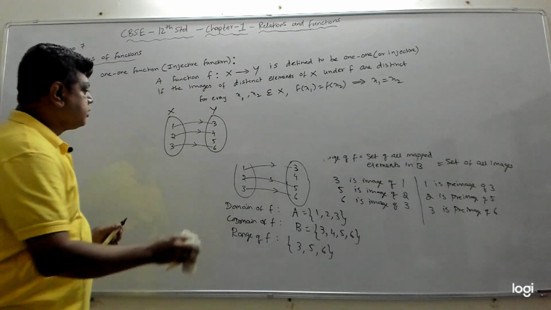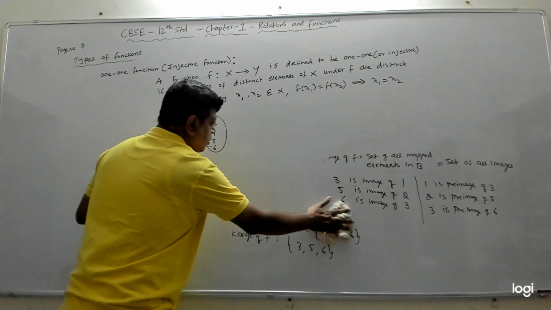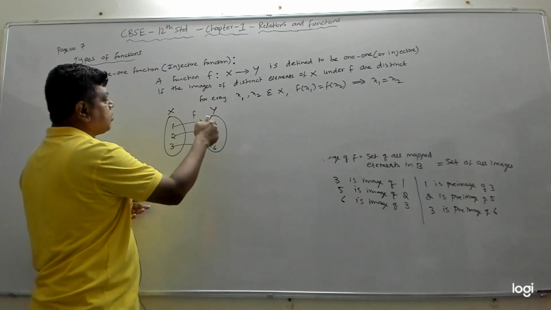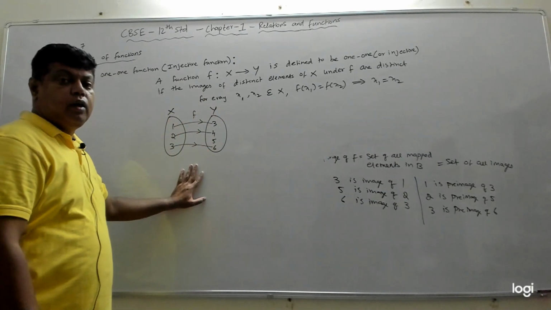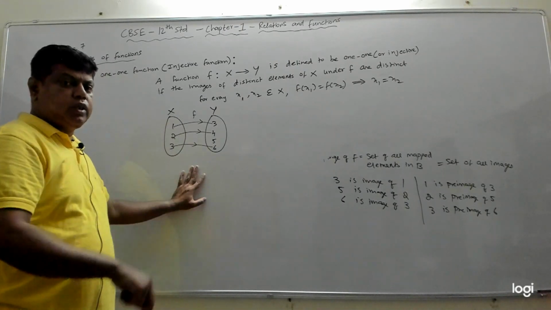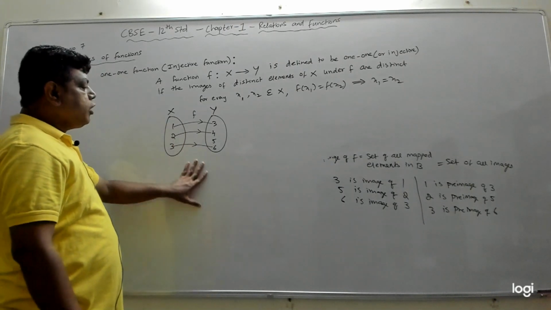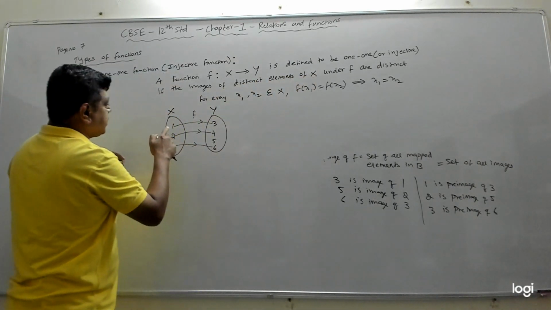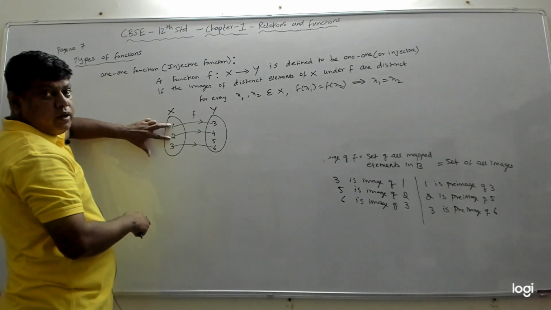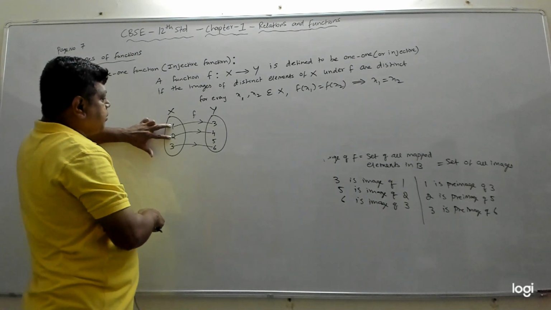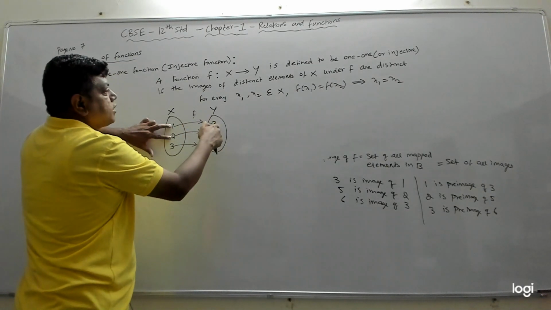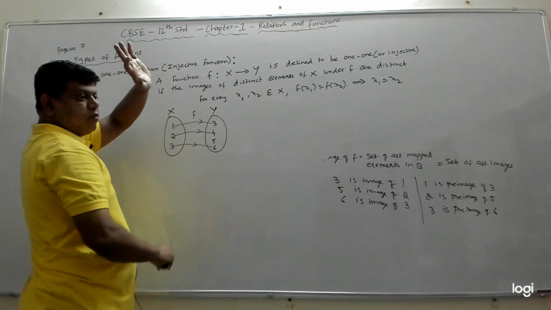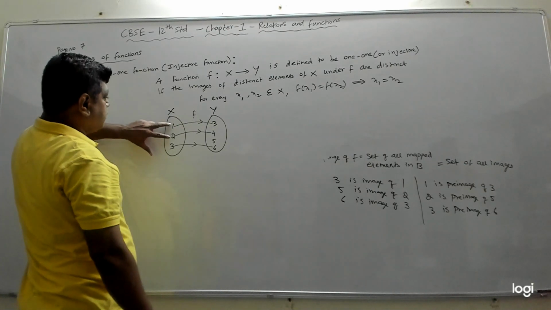Then this function f from x to y is called a one-to-one function or injective function. It is one-to-one because if I take any two different elements, 1 and 2, they go to two different elements. 1 is mapped to 3, 2 is mapped to 4. They don't go to the same element.